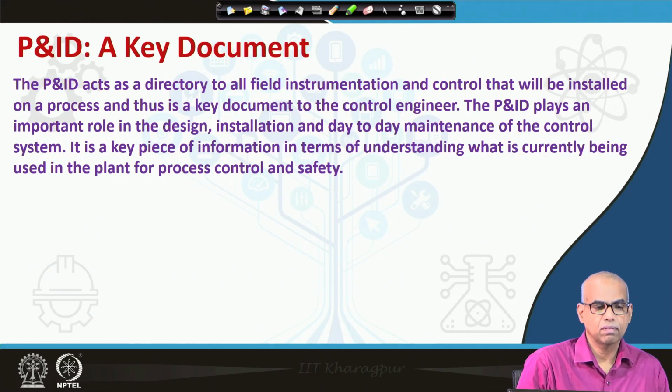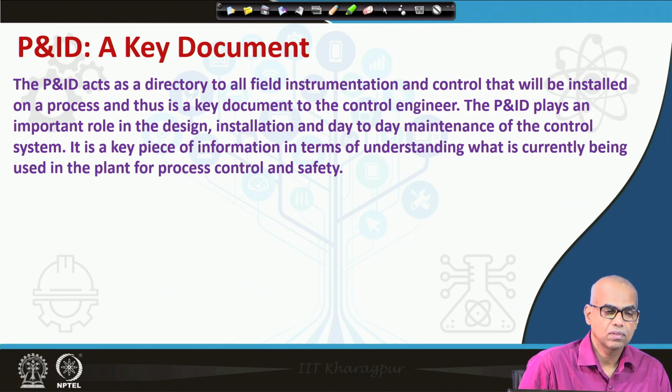The piping and instrumentation diagram is a key document for a chemical engineer. When you start working with the chemical process industry, you should start with the P&ID.